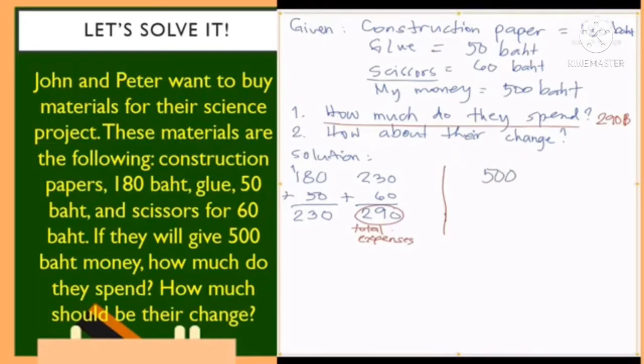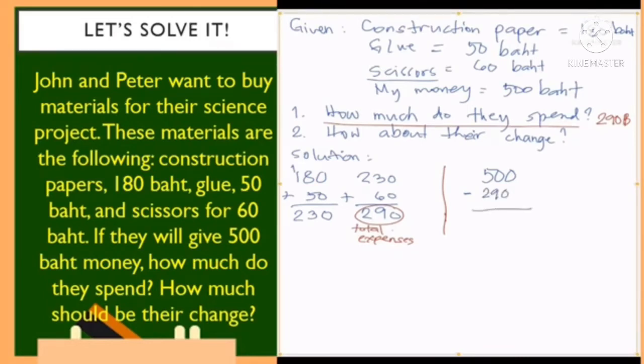Am I right? So, what is the number I will put on its lower part? Is it 180? Is it 50? Is it 60? Is it 230 or 290? Yes, we need to use 290.